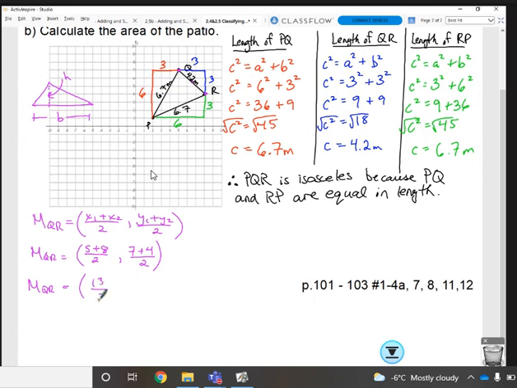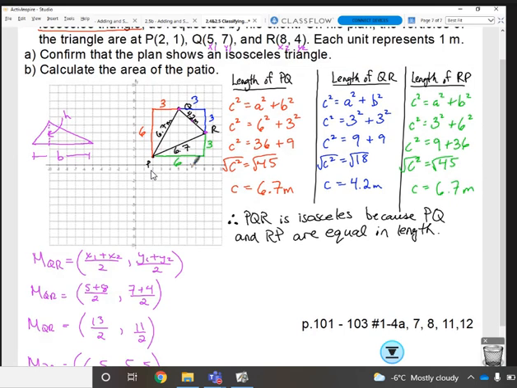13 over 2? And then we got 11 over 2. Just 6.5, comma, 5.5.